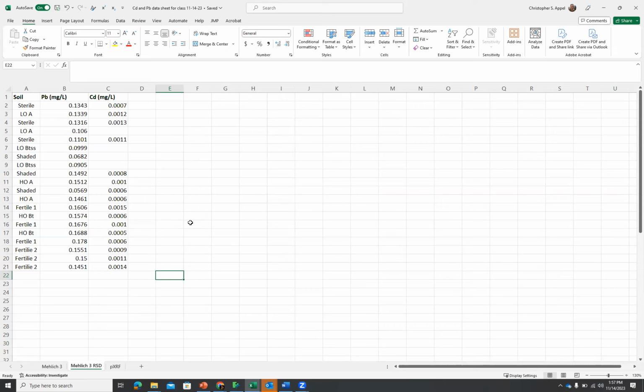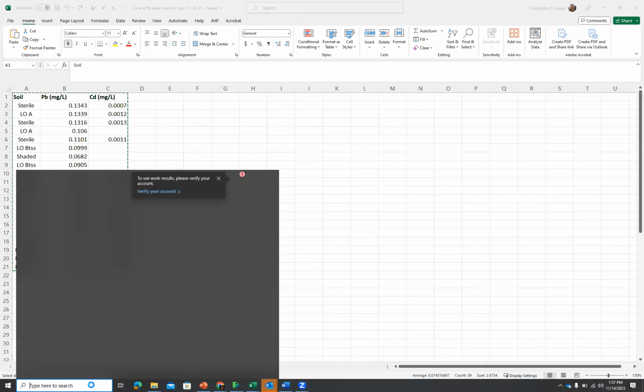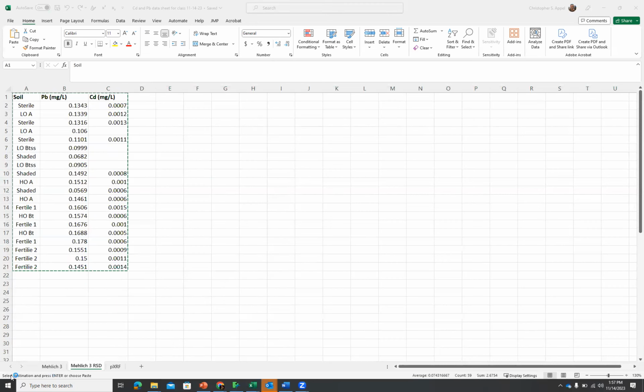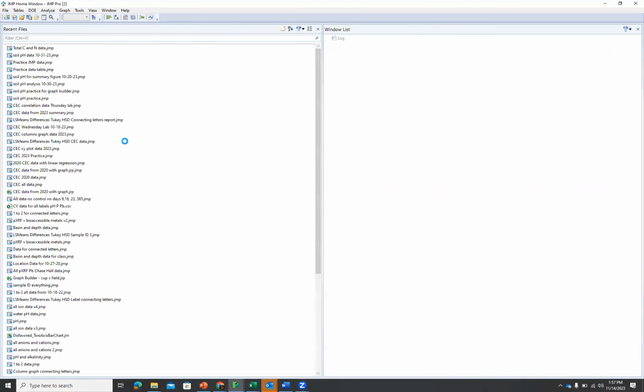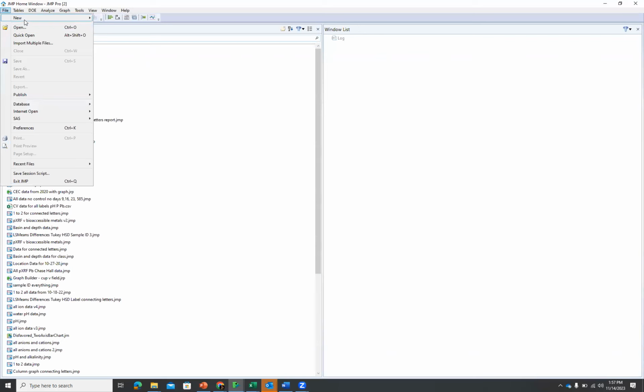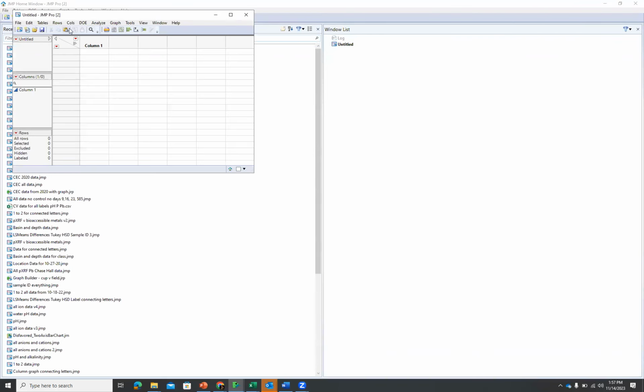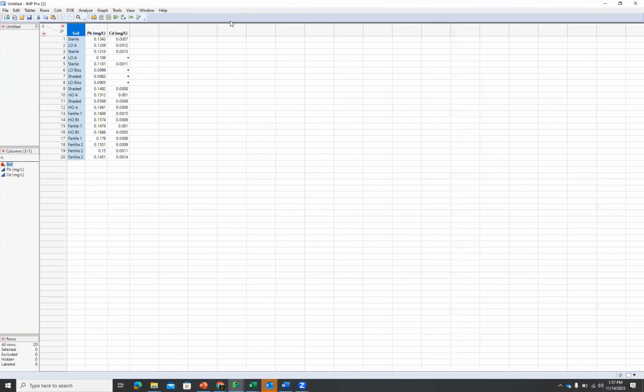Okay. So then I'm going to open up JMP and import this into JMP. Before I go to JMP, though, I'm just going to copy this and make a new data table. I'm going to go to edit and paste with column names, and then I want to make sure that it's got my data correctly.